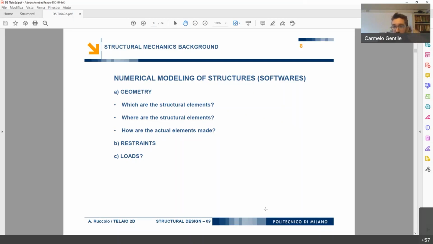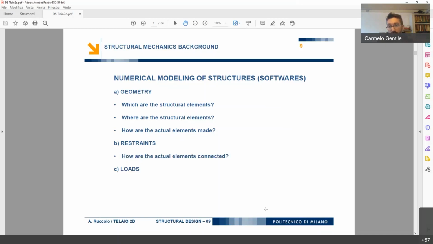Similarly, if we deal with the materials that compose the elements, in our computations we have seen many times the coefficient, the Young's modulus, which is the letter E, and the stiffer the material, the higher the Young's modulus, and the stiffer the structural element we have in our structure.